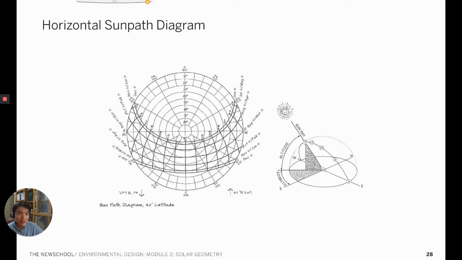This particular diagram is designed to be used for both north and south hemisphere. In this case, let's assume that the location is on the 40-degree north latitude. So we only have to look at this legend on the right side only. These concentric circles represent altitude.